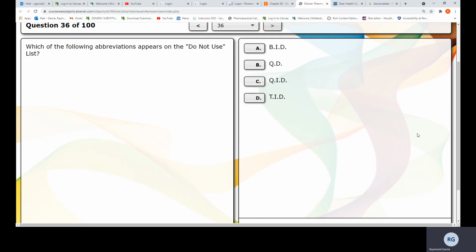Which of the following abbreviations appears on the do not use list? It's TID. Three times a day. BID is two times a day. Anybody know what QD?